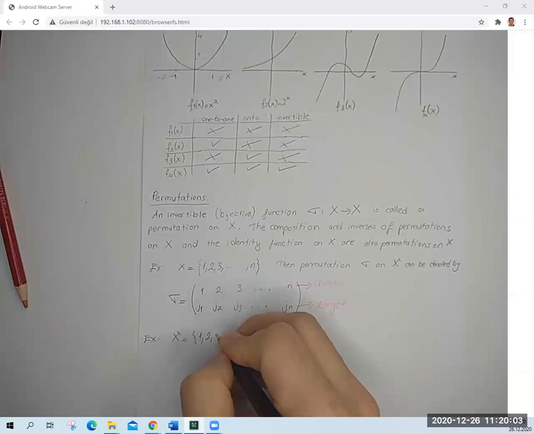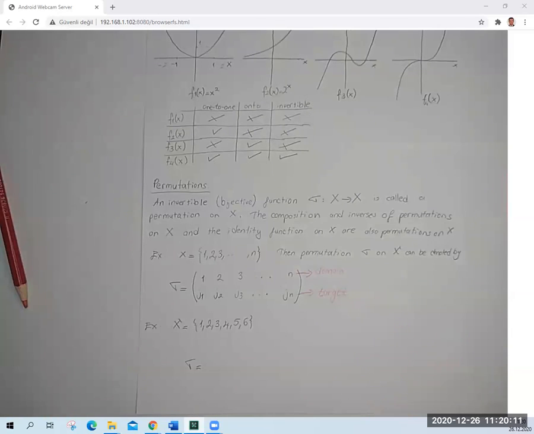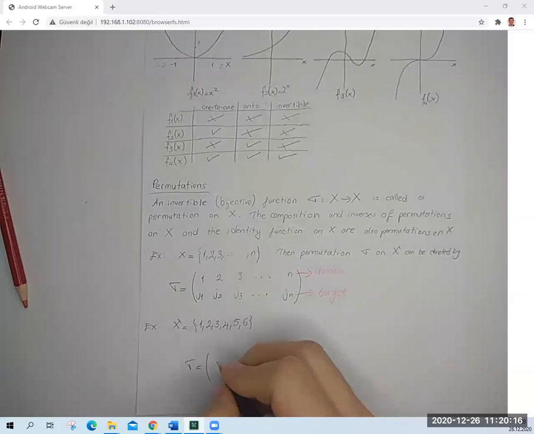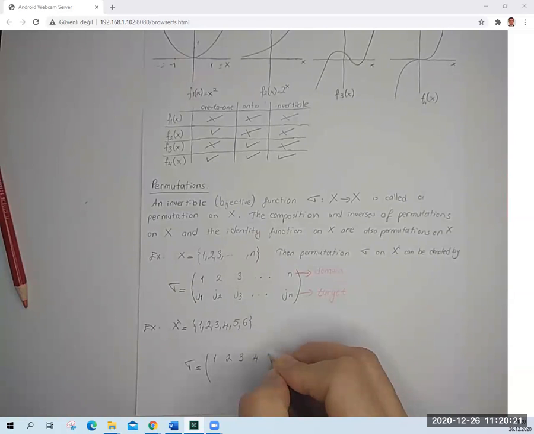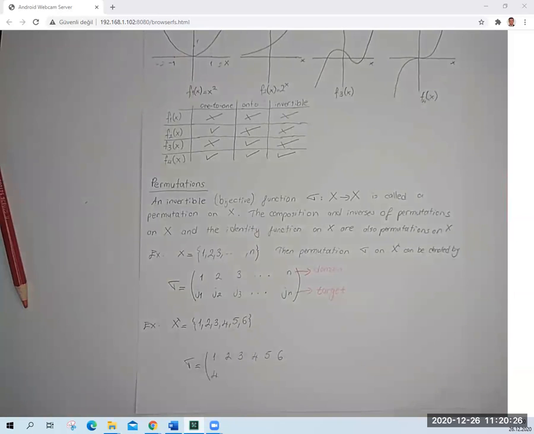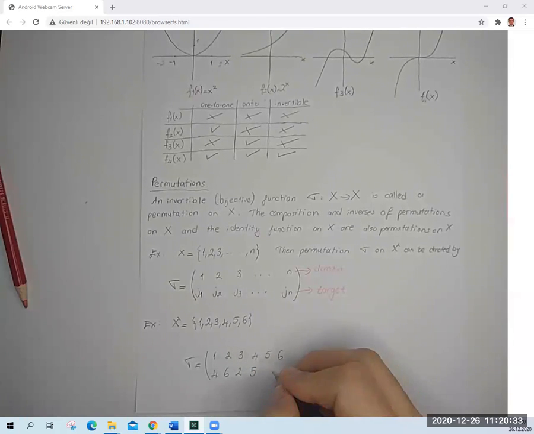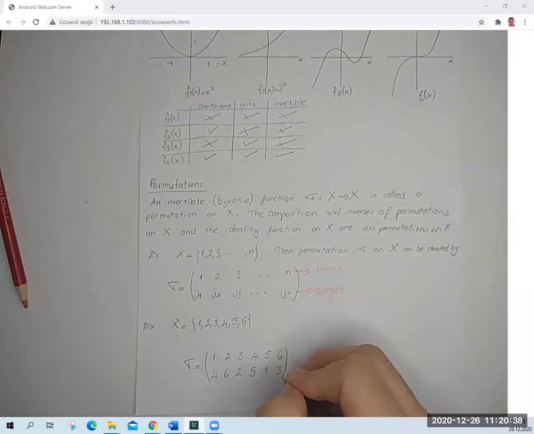And there is sigma as a permutation function. We have domain 1, 2, 3, 4, 5, and 6. And 1 goes to 4, and 2 goes to 6, 3 to 2, 4 to 5, and 5 to 1, and 6 to 3.